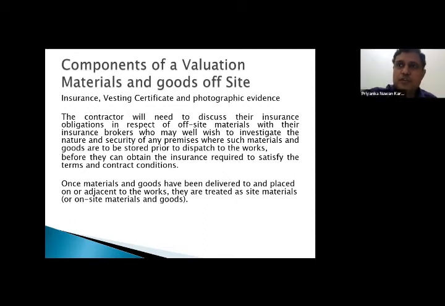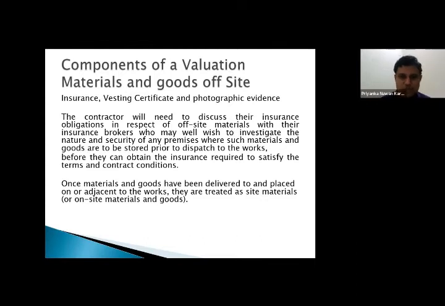And if any shipping has happened, the shipping documents also can be considered as evidence for the payment of materials off-site. The contractor will need to discuss their insurance obligations in respect of off-site materials with their insurance brokers, who may well wish to investigate the nature and security of any premises where such materials and goods are to be stored prior to dispatch to the works, before they can obtain the insurance required to satisfy the contract conditions.